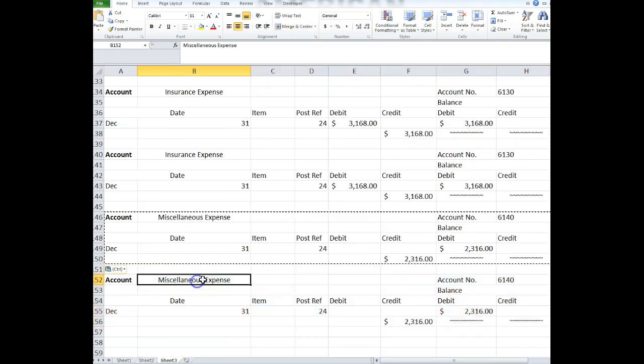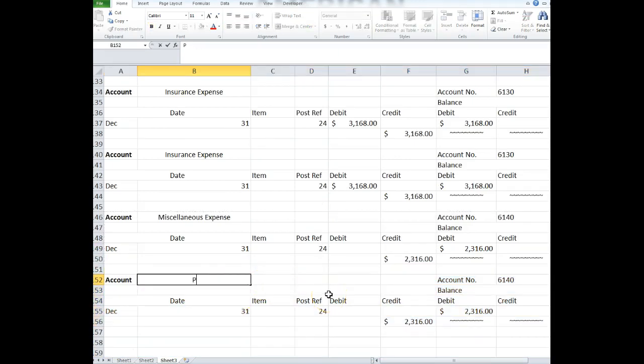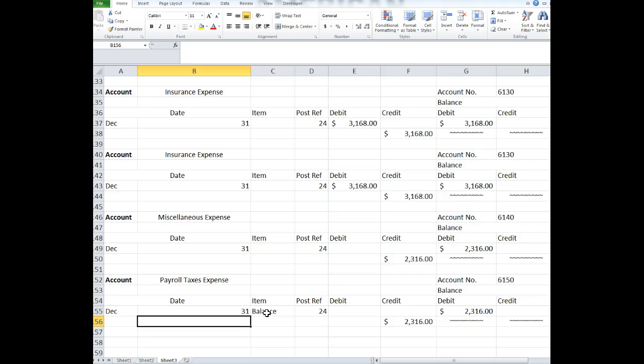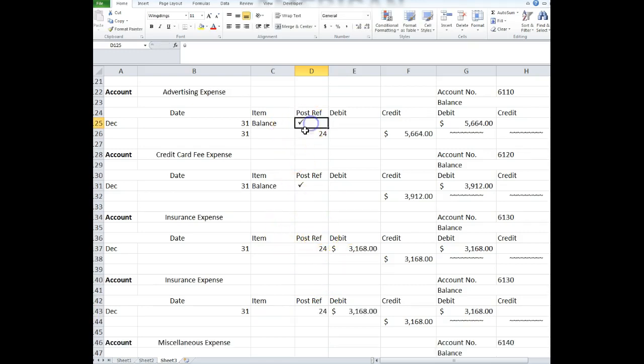Miscellaneous expense. Okay, so next is payroll taxes expense, 6150. Okay, payroll taxes expense. Oh, I forgot to do something up above.